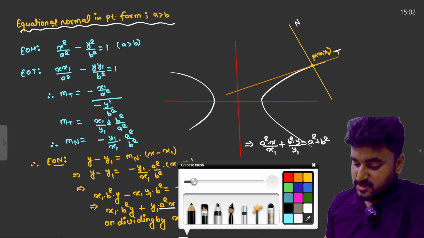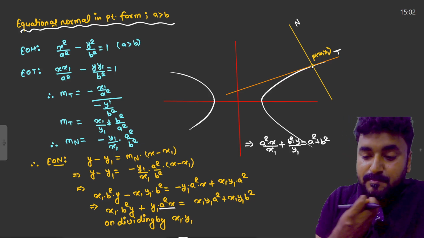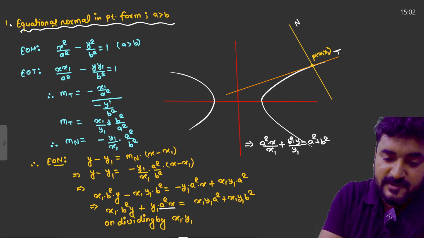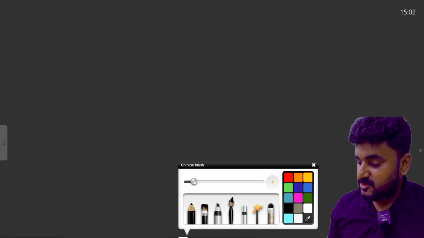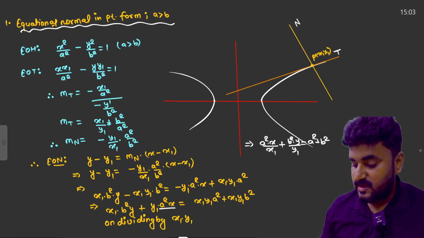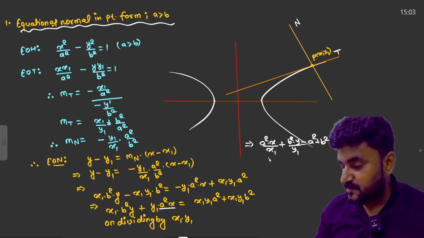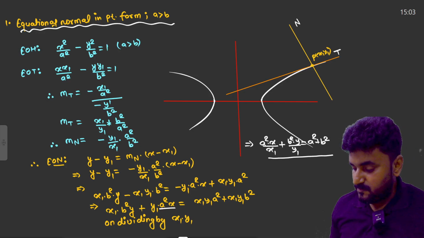Now suppose you want to find the equation of the normal in parametric form also. Okay? For the parametric form, what I will do, here the normal equation we have seen is a square x by x1 plus b square y by y1 equals a square plus b square.